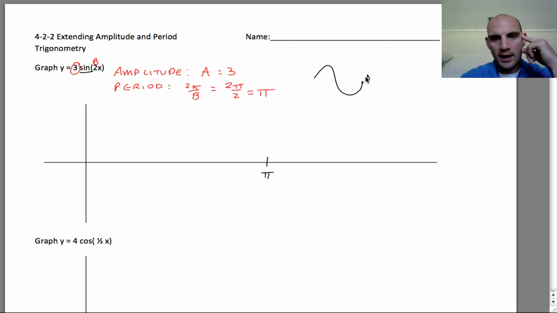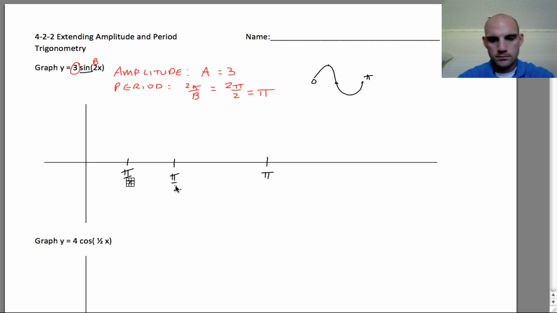If this is going to be pi down here, and this is 0, halfway in between it's going to get to the axis again. I need to figure out what halfway is: if I'm at pi, half of that would be pi over 2. And halfway between 0 and pi over 2, I get to my high point, so that's pi over 4.